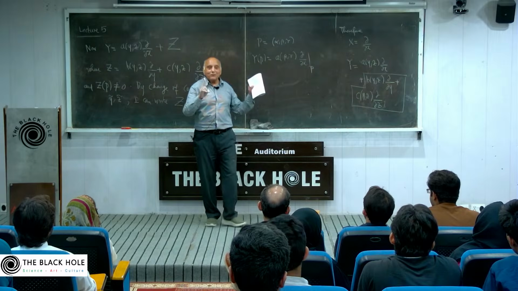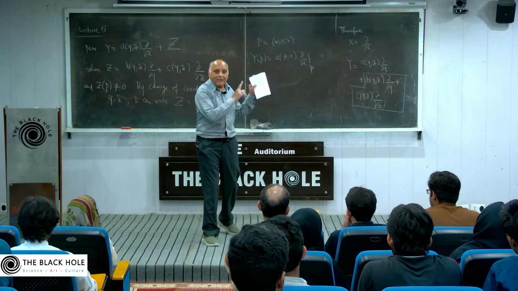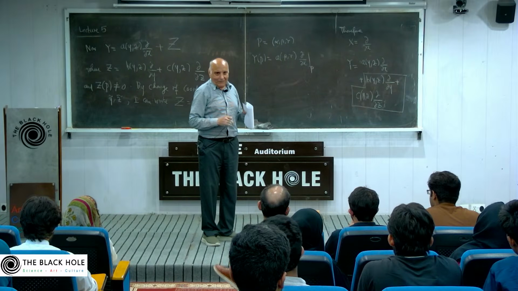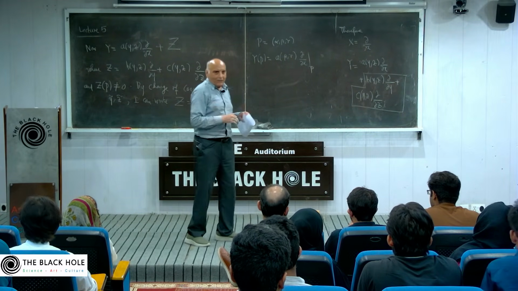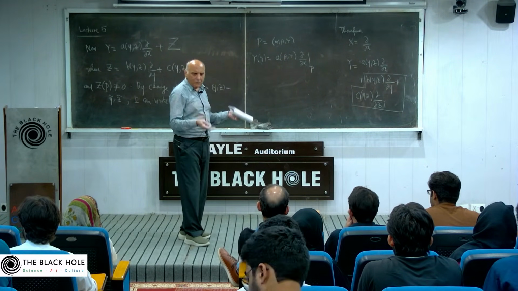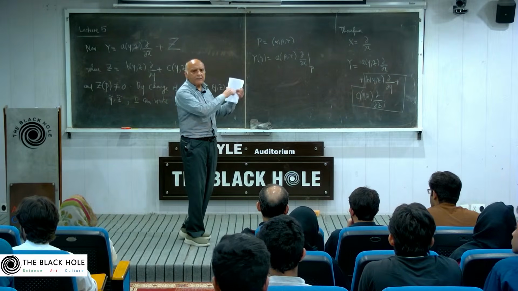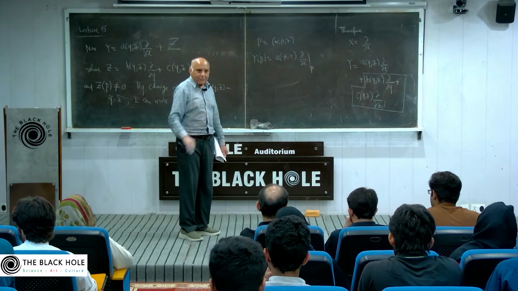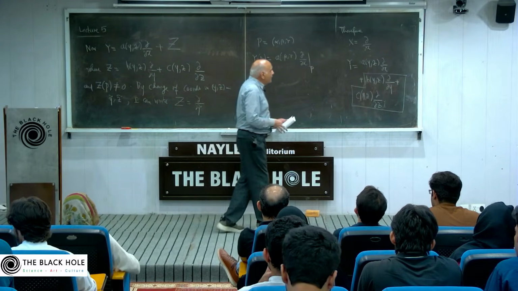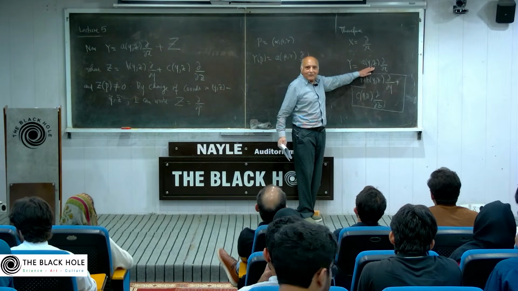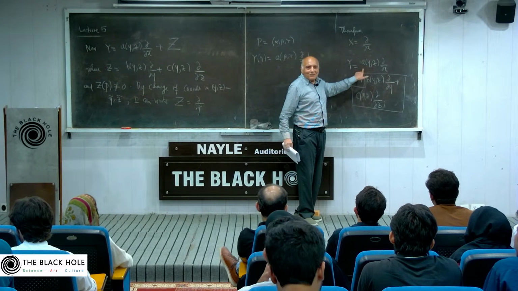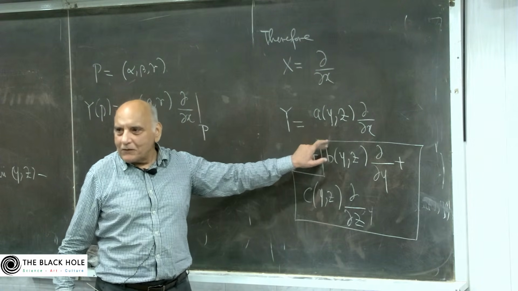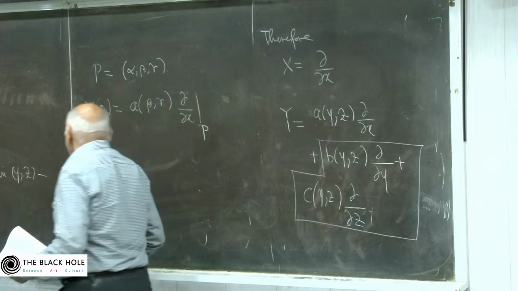I said those vector fields are linearly independent at one point. Actually, if they are linearly independent at one point, they will be linearly independent in a neighborhood of that point. Anyway, does it answer your question? Yeah, it's an optical illusion. You think, oh, how can it be? But this is a function, right? But when you evaluate it, it becomes a constant. Okay.